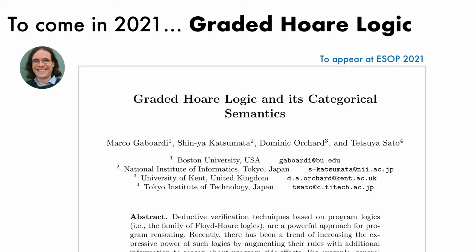So we show that the various approaches from the literature can be generalized and captured by a general graded Hoare logic, which tracks information along with its inference rules. And we give a categorical semantics in terms of a general notion of graded Freyd categories. So this is grading back in the imperative world, but also looking at semantic models and unifying various things from the literature.